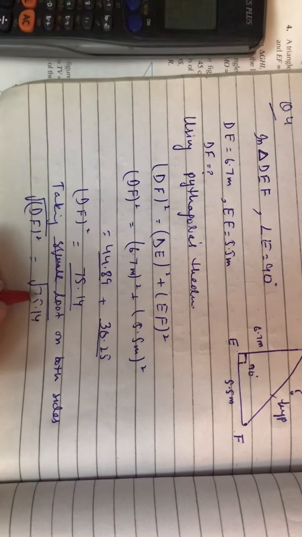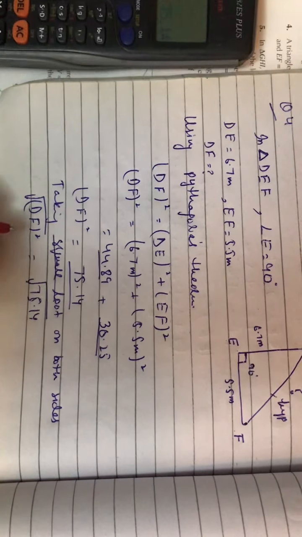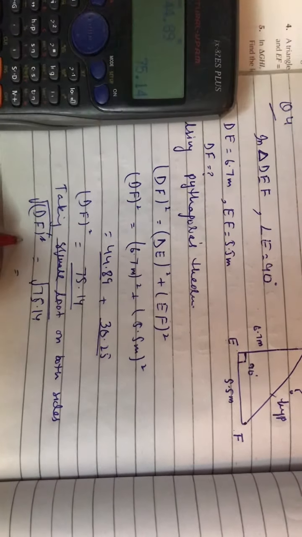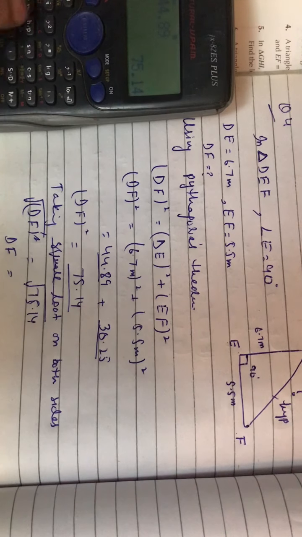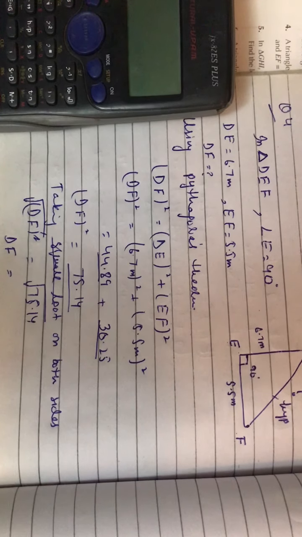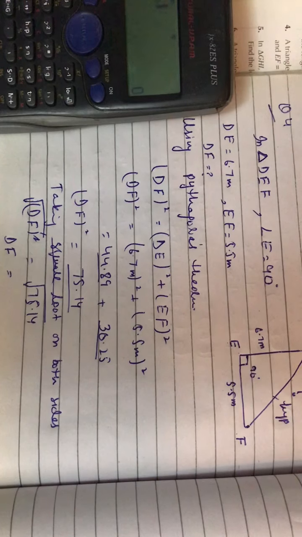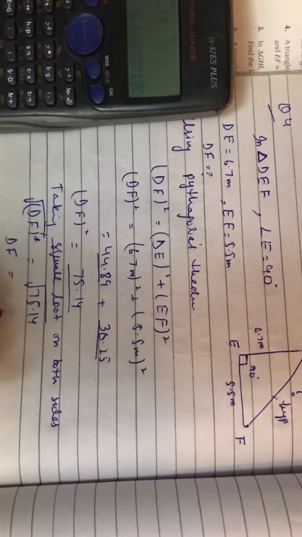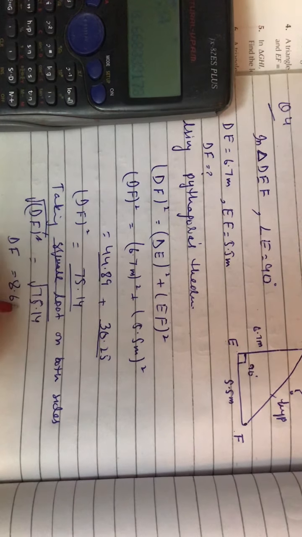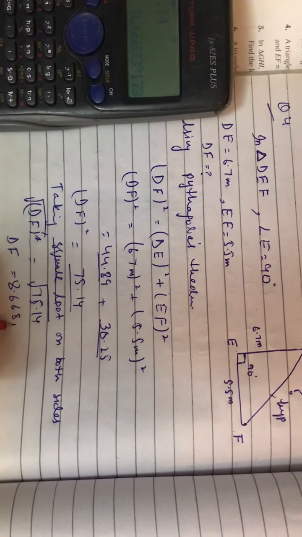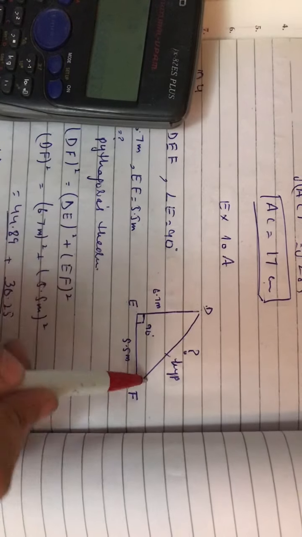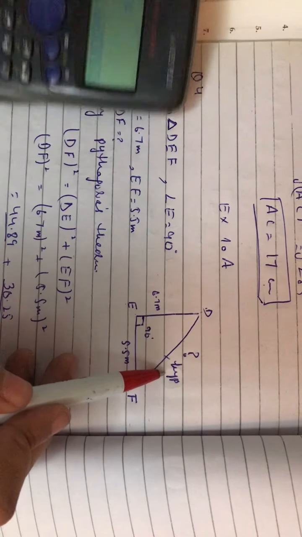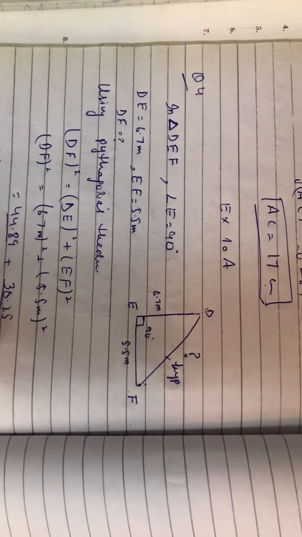Now we take the square root of 75.14. This square cancels with square root, so that the length of DF is equal to square root 75.14. Then we get 8.668 meter. This is your answer. It means the length of DF equal to the length of hypotenuse equal to 8.668 meter.